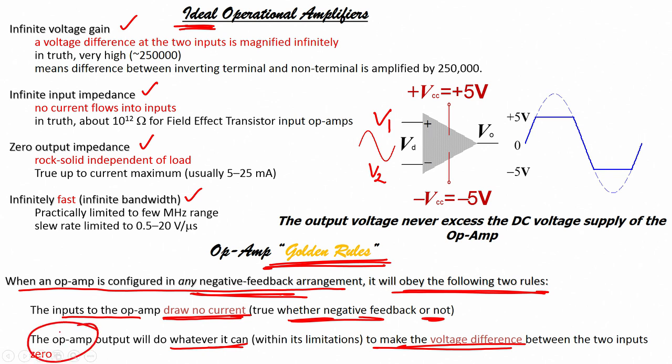The op amp will do whatever it can to make the voltage difference between the input terminals 0.